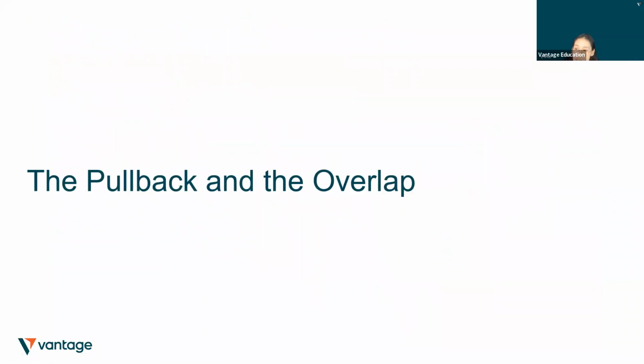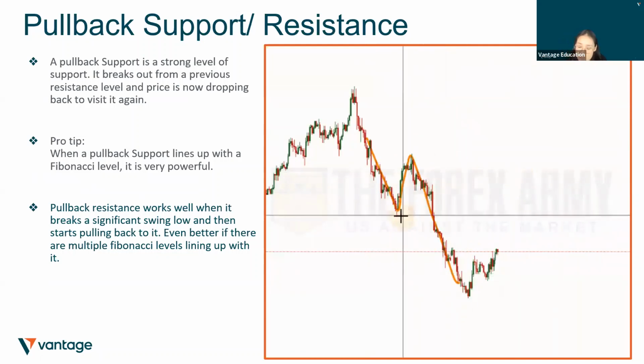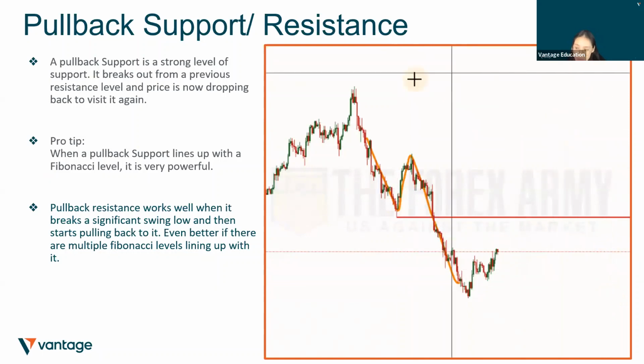Okay, now let's look at how to identify pullback and overlap levels. Let's start with a pullback support or resistance. So pullback support is a strong level of support.